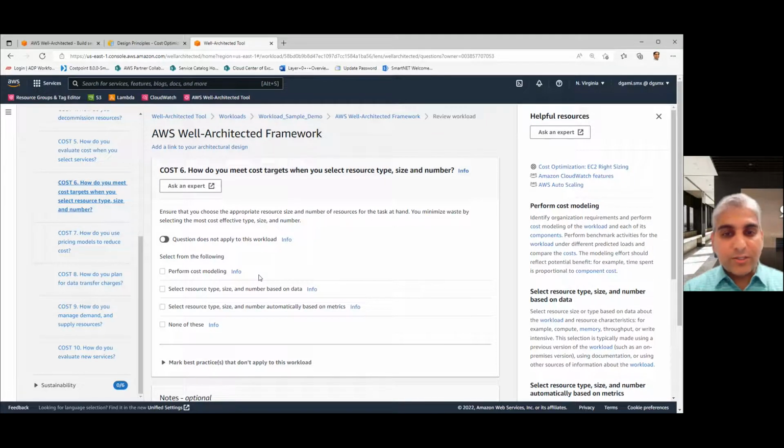So you can have triggers established with your CloudWatch metrics that are looking at, say, the number of requests that are coming in, or the latency that's being observed from the load balancer perspective. And if that latency goes above a certain threshold, you add on more resources. If it falls below a certain threshold, you reduce resources, right? So that automatic adjustment is part of where you're using your cost target to determine what kind of resources you want to have and how many, and then making adjustments in an automated fashion.